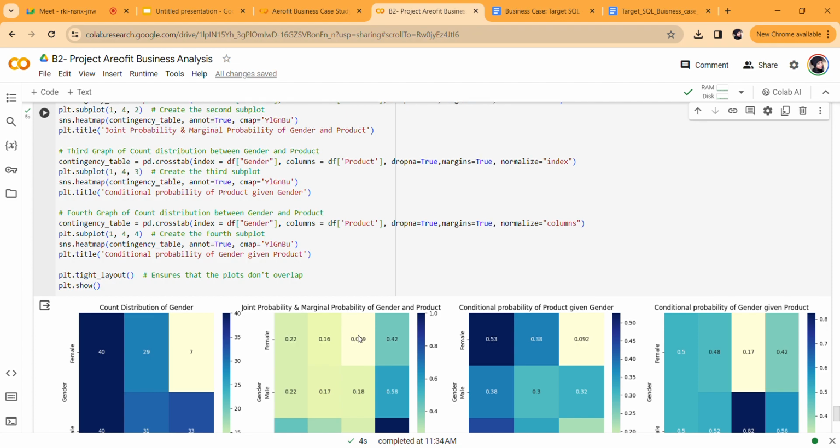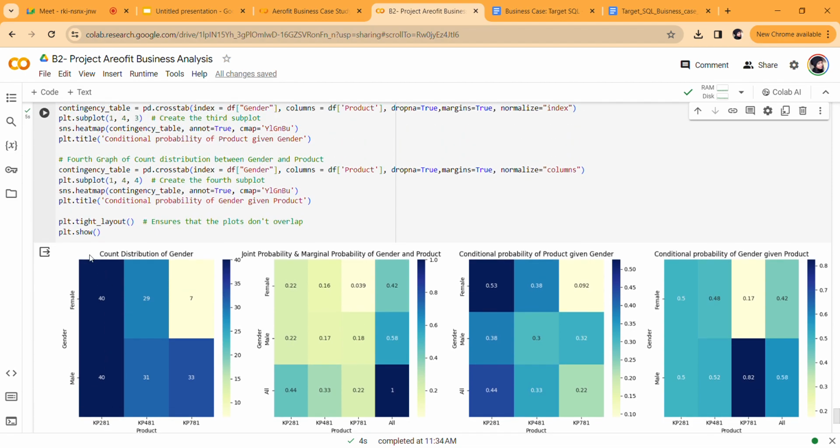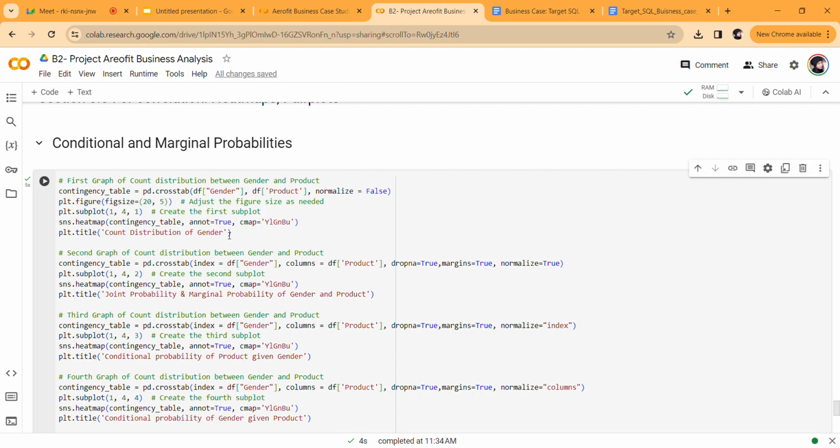You can see lots of things here. First we'll understand the visual part, then we'll go into the details of the coding. Here you can see the count distribution of gender and product.